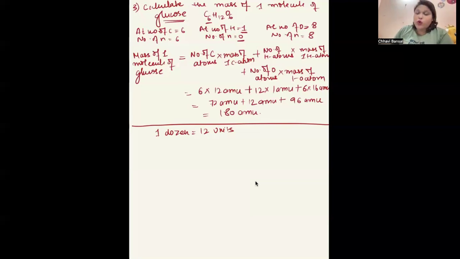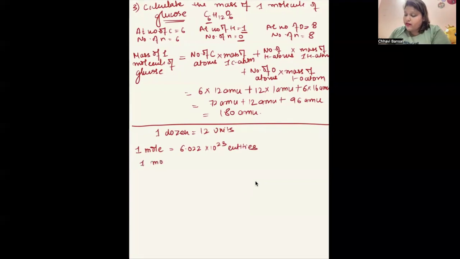Same way, there is a quantity or a unit called 1 mole, which is equal to 6.022 into 10 raised to 23 entities. If I say 1 mole of pens, it means I have 6.022 into 10 raised to 23 pens.